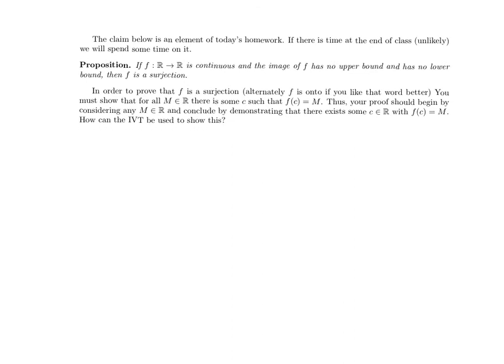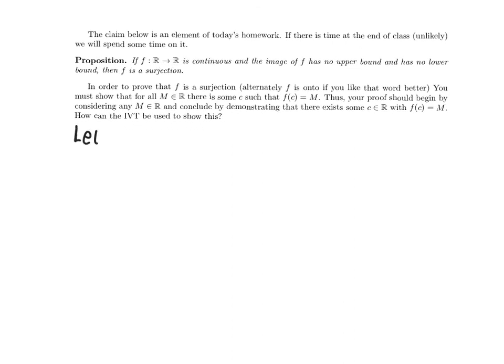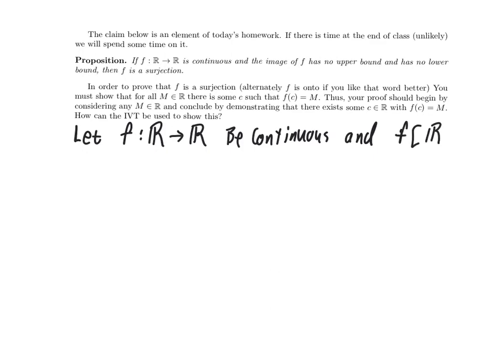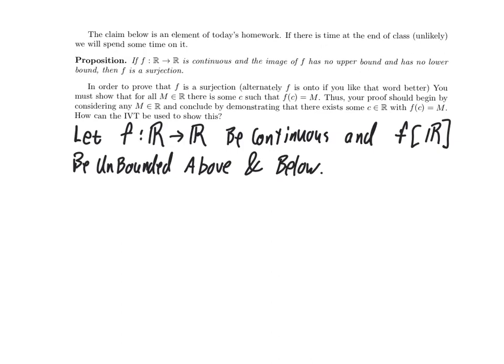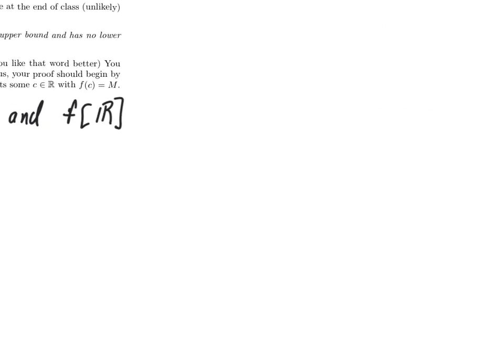So let's write down the assumptions. Let f from R to R be continuous, and let the image of f, so that's f of R, be unbounded above and below. And I'll go off to the side to say what I want to show.